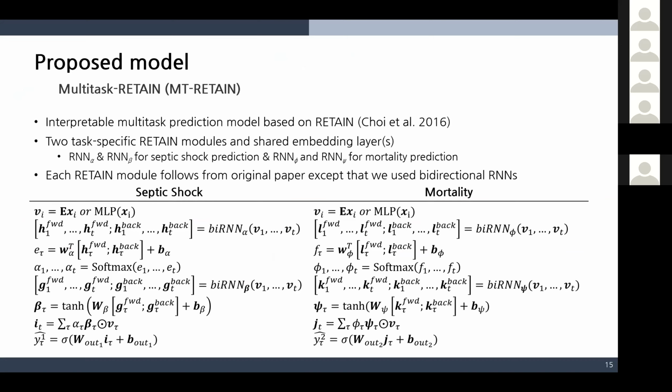The characteristics of each layer follow from the original Retain paper, except that we used a bidirectional RNN for all of the RNNs. Hence, alpha and phi would be the time level attention vectors, and beta and psi would be the item level attention matrices, which show the attention for each item at each time step for each task.